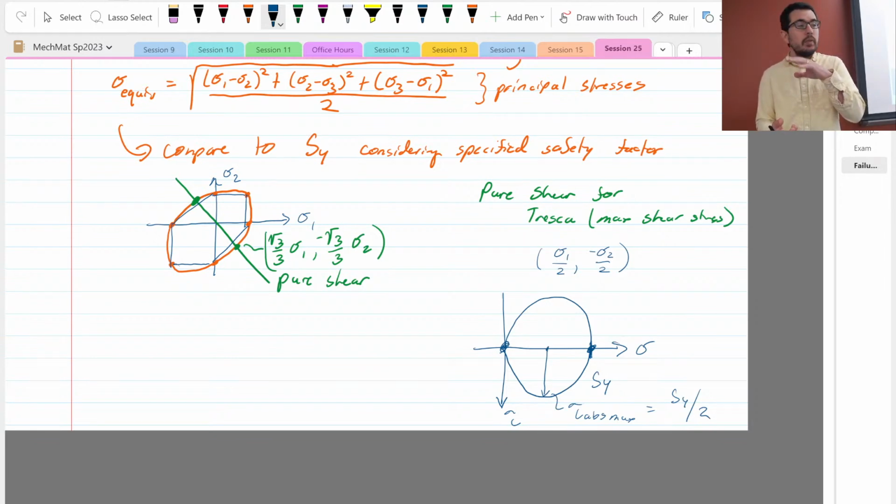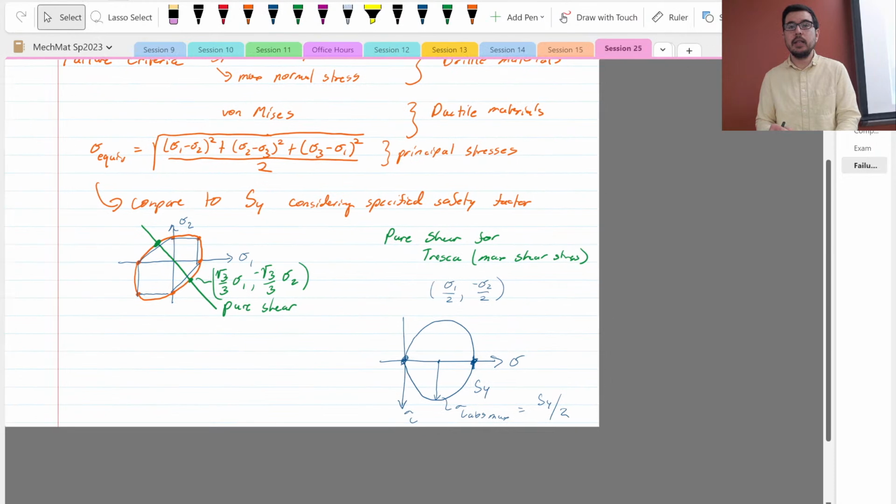But if we have a ductile material, we're thinking about the absolute maximum shear stress, and that's our metric. But if you're doing the von Mises criterion, then forget maximum shear stress and set the sigma equivalent. You're comparing that to the SY, to the yield strength. Any questions on this?